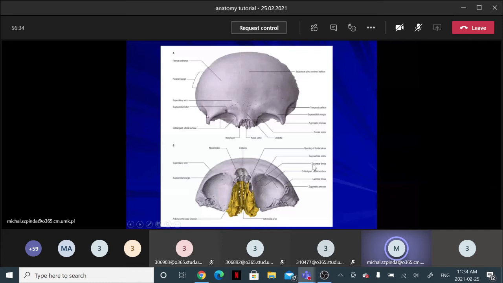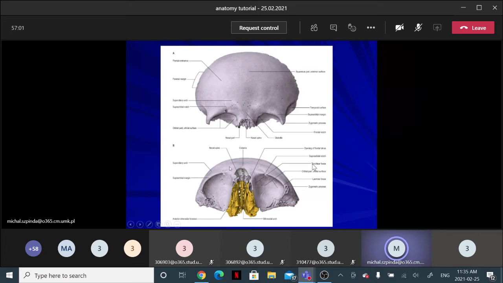And here is a separate frontal bone while viewing anteriorly. So its biggest part is a squamous part. Its exterior is convex.